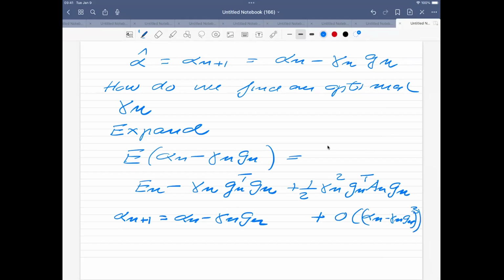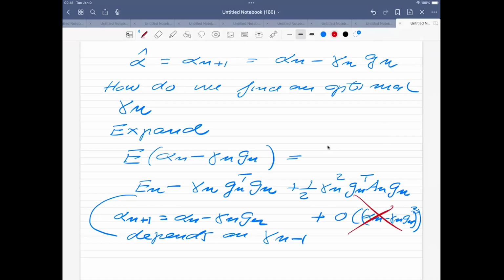This quantity here depends only on the previous value, gamma_(n-1), because that was the value I calculated previously. So in order to find the optimal value, we are also going to drop the higher order terms.